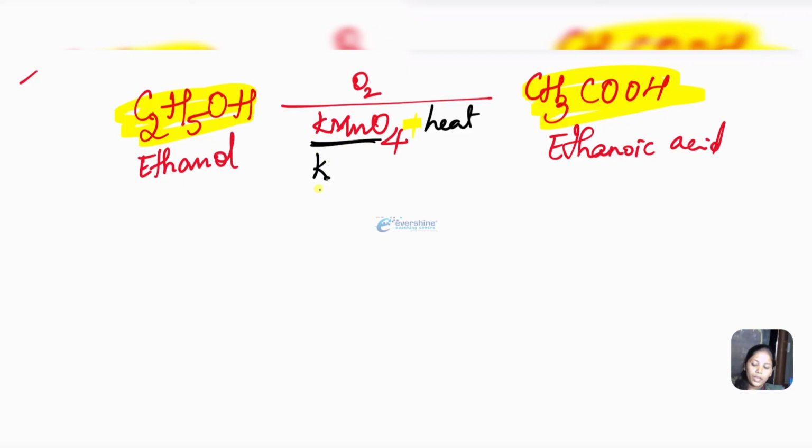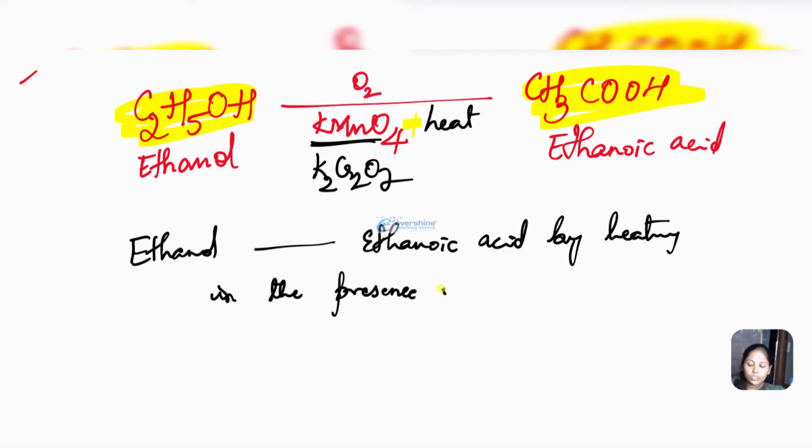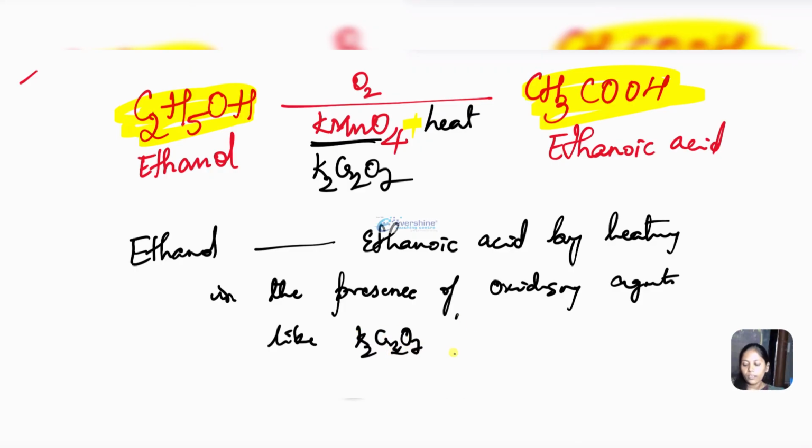So ethanol can be converted to ethanoic acid by heating in the presence of oxidizing agents like potassium dichromate or potassium permanganate. Okay, so this is called what reaction? Oxidation.